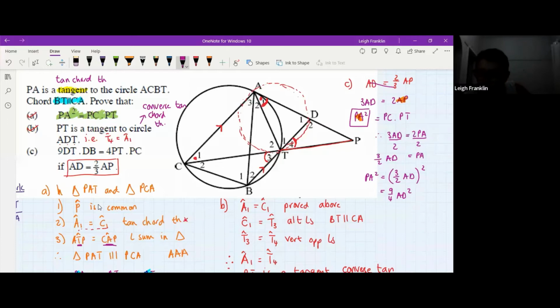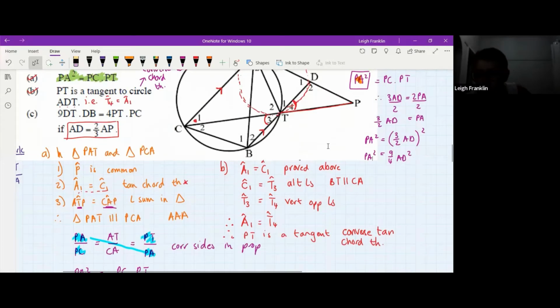Now, if we multiply through by 4, we would end up with 4PA squared equals 9AD squared.